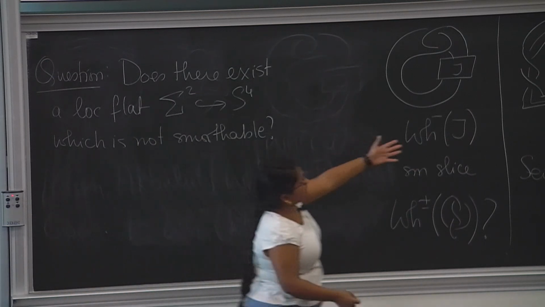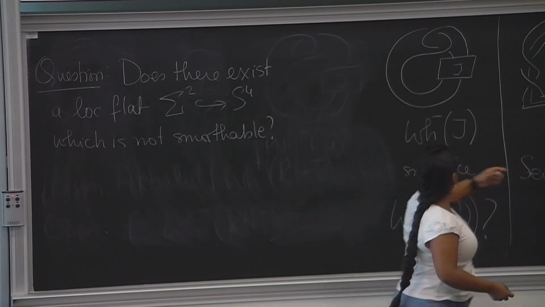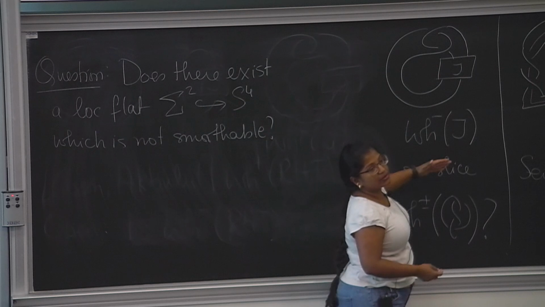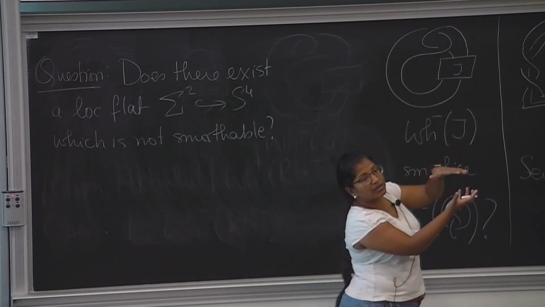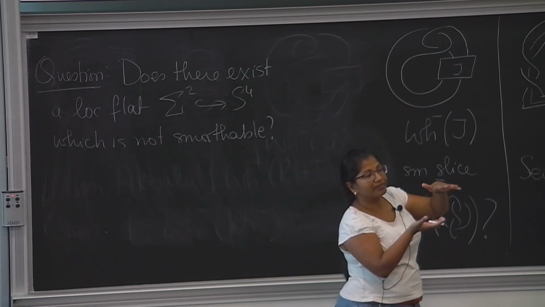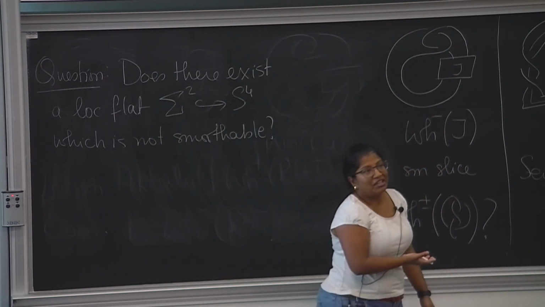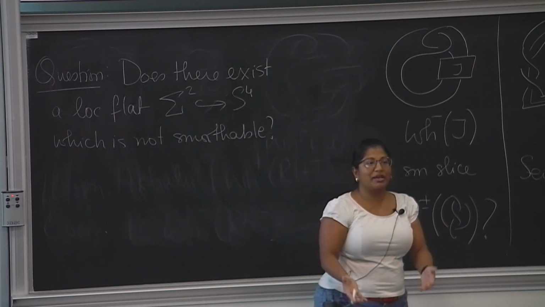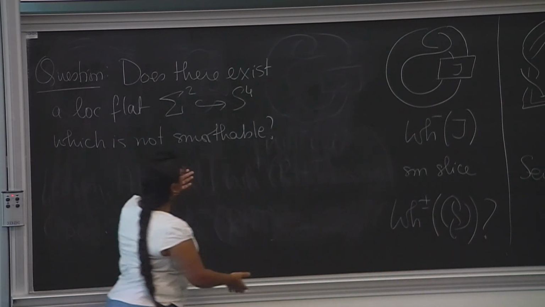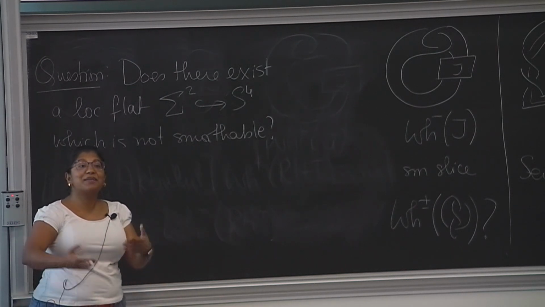In these examples, we constructed locally flat sliced disks inside of B4. And for example, if you start off with a not smoothly sliced knot, those disks are not isotopic to smooth disks rel boundary. So we have rel boundary examples in B4, and we have examples in other 4-manifolds. But when it comes to S4, we have nothing. We have examples in S5.